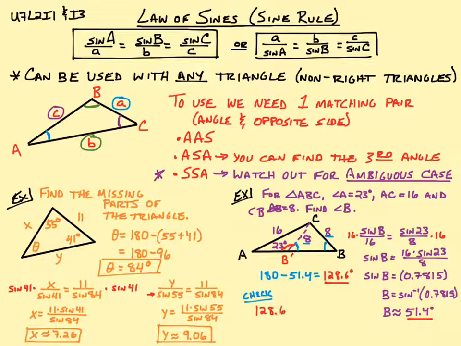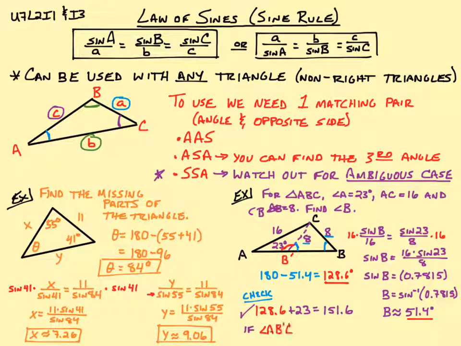So what I do is I take the new angle that I just found for AB prime C, that new angle 128.6, and I add it to the given angle of 23 degrees. And if I get a value, 151.6, then I know that that's safe. Well, how do I know that's safe?